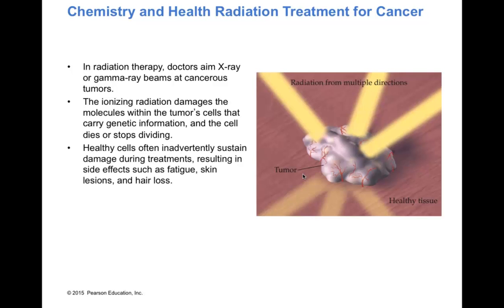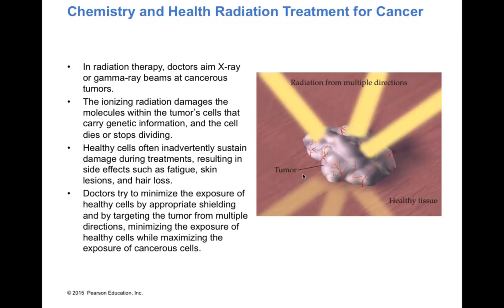Healthy cells often inadvertently sustain damage during treatments, resulting in side effects such as fatigue, skin lesions, and hair loss. Doctors try to minimize the exposure of healthy cells by appropriate shielding and by targeting the tumor from multiple directions, minimizing the exposure of healthy cells while maximizing the exposure of cancerous cells.